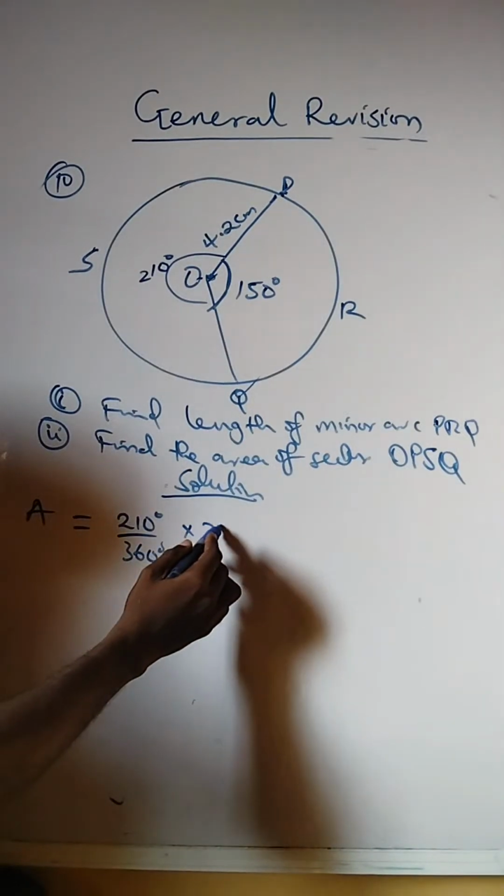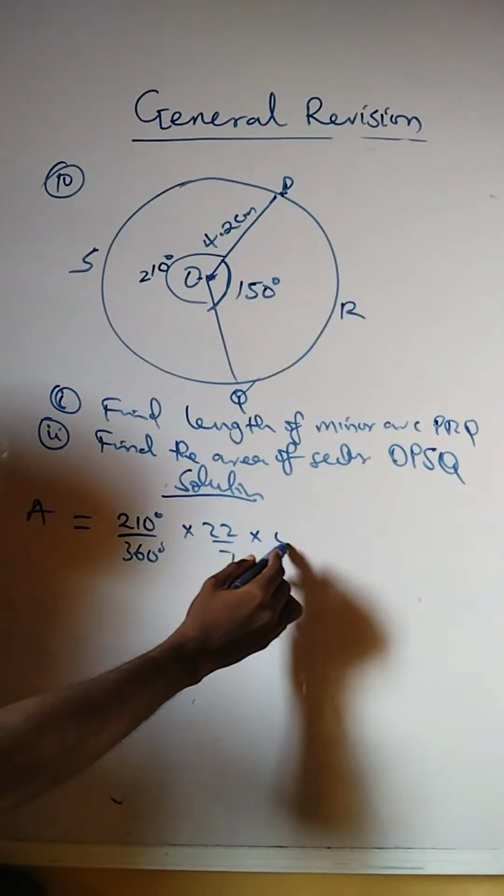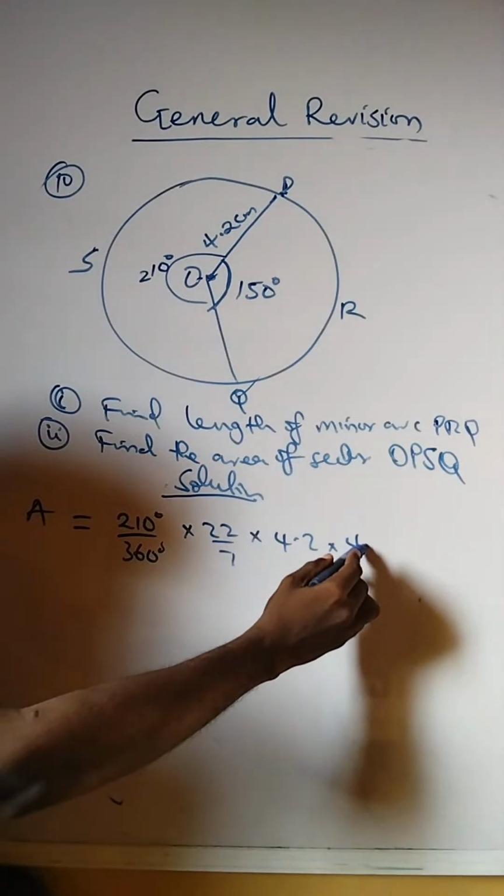Pi r squared, that's 22 over 7 times r squared, which is 4.2 times 4.2.